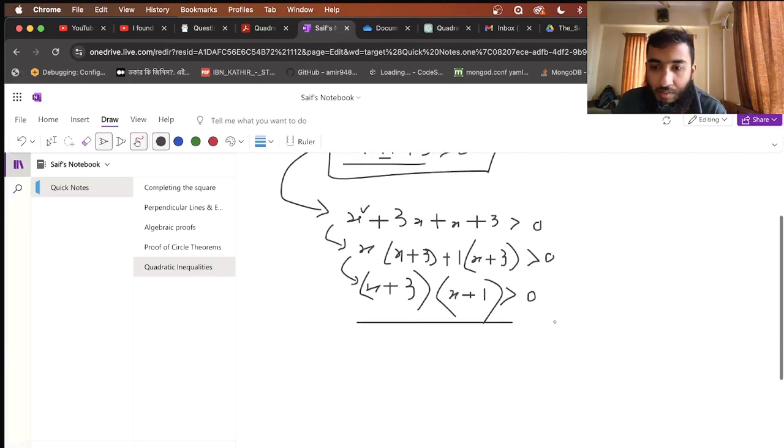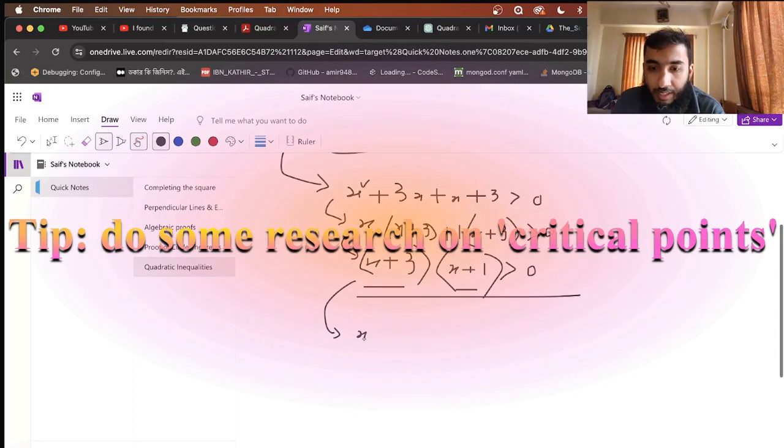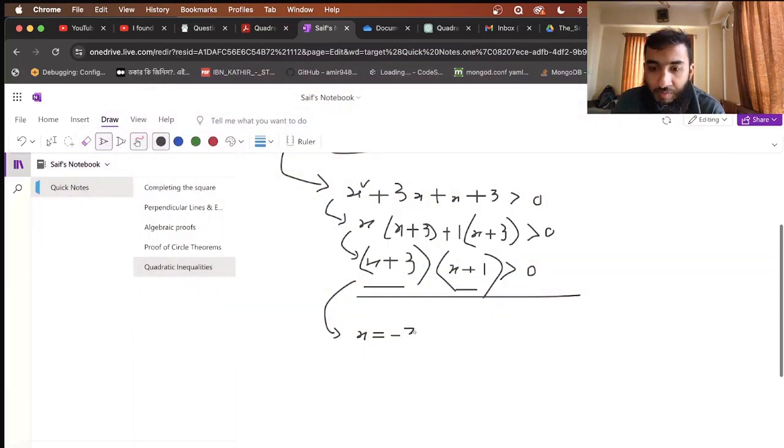Now, as you can see, we have this form of inequality where there is a multiplication of two terms, x plus 3 and x plus 1. So first we have to find the critical points of this inequality. If we use the value of x as minus 3, then x plus 3 is 0.